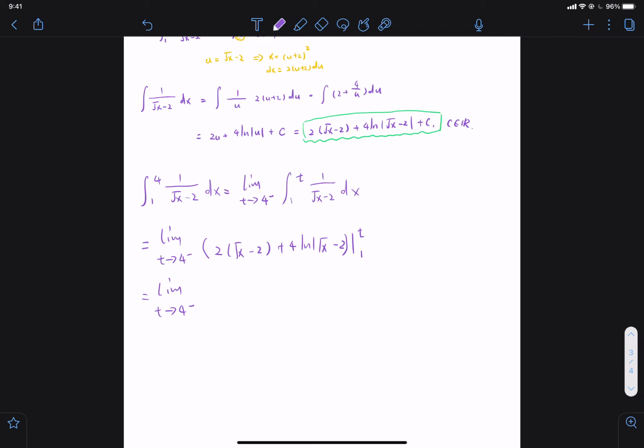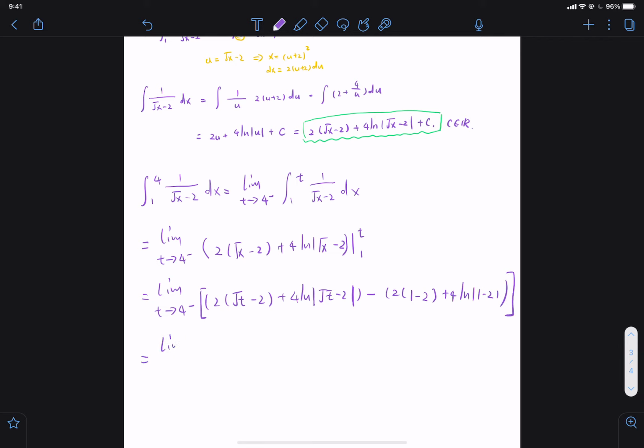So plug in, we will have 2 square root of t minus 2 plus 4 ln square root of t minus 2, right, absolute value. This one minus the plug in 1, we have 2 times, this is 1 minus 2, right, and then plus 4 ln 1 minus 2, like that.